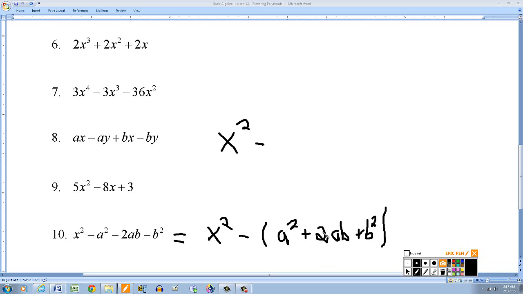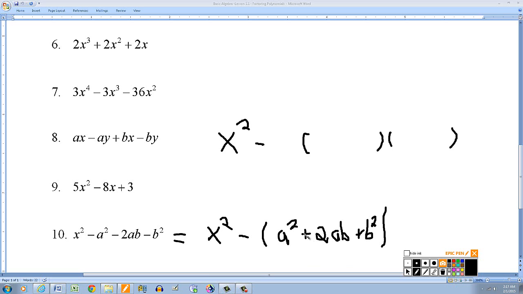So let's factor it as a trinomial. The third term of that trinomial has a positive sign, so that means both signs in the parentheses have to be the same, and they have to be whatever the middle term is, which is plus, so this would be a plus and a plus.